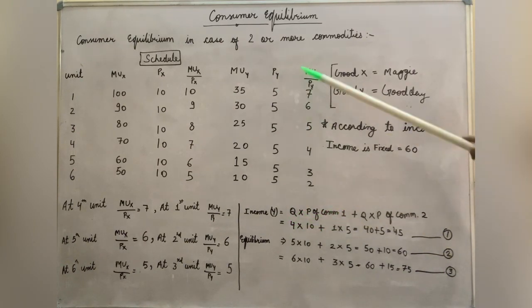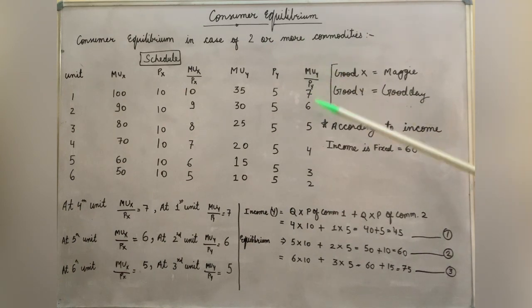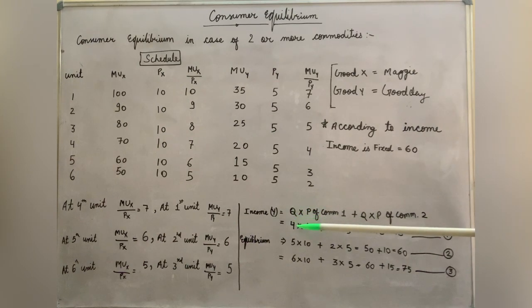As we are taking two or more commodities, income is quantity and price of commodity 1 plus quantity and price of commodity 2. At quantity we are taking 4 units of Maggi at the price of 10, plus 1 unit of Good Day biscuit at the price of 5, so it will come as 40 plus 5 is equal to 45, but the income we are spending is 60.